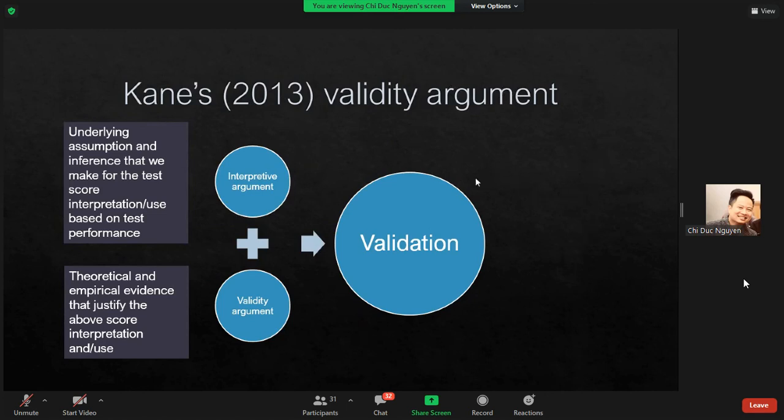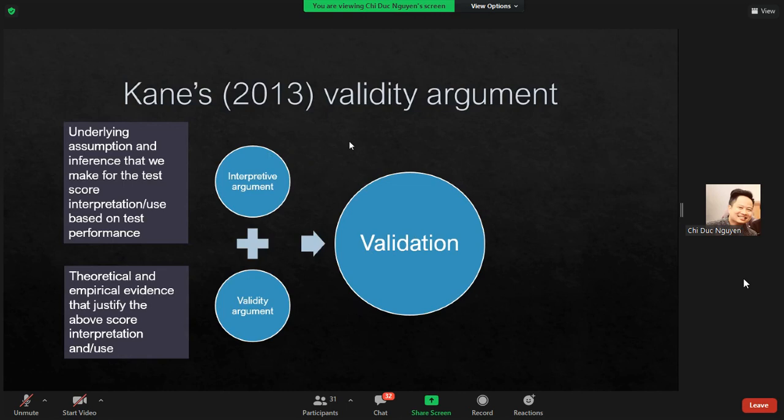Okay, but they are just some kind of personal opinion based on the test score. And in order to justify this opinion, I need to have some kind of evidence to substantiate them. And this evidence can come from theories, and this evidence can come from real-life data as well.